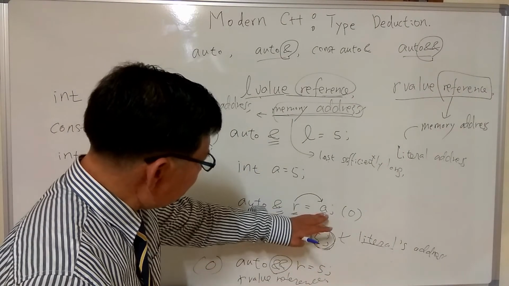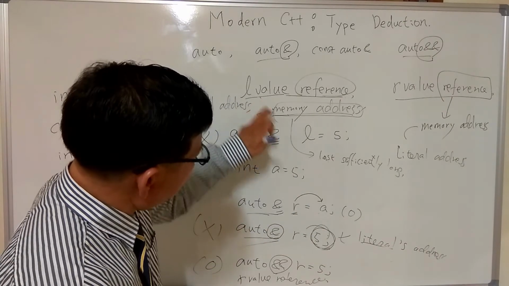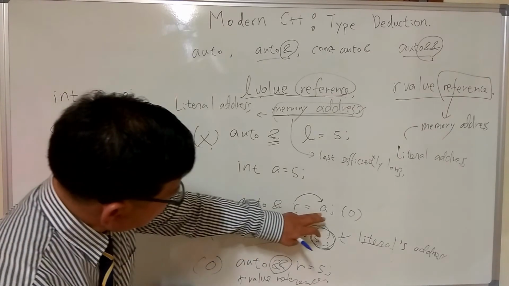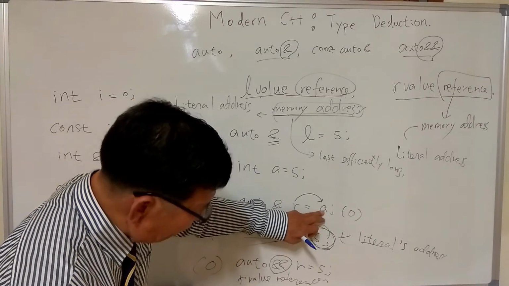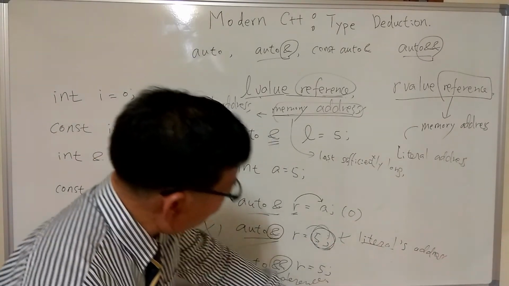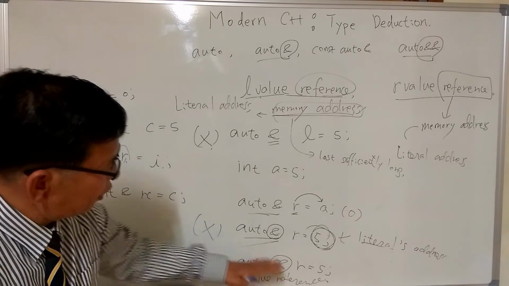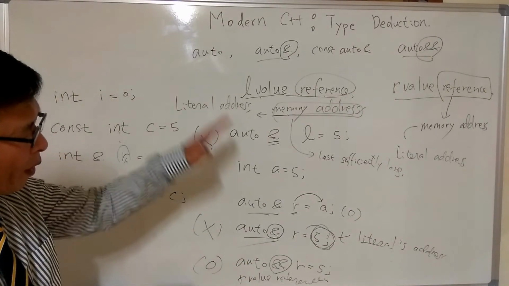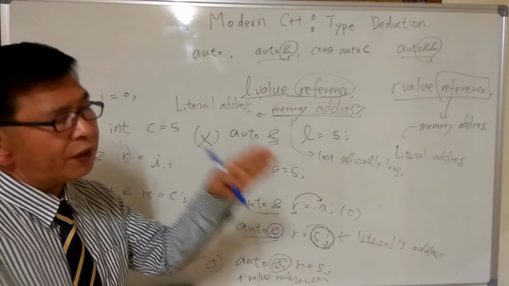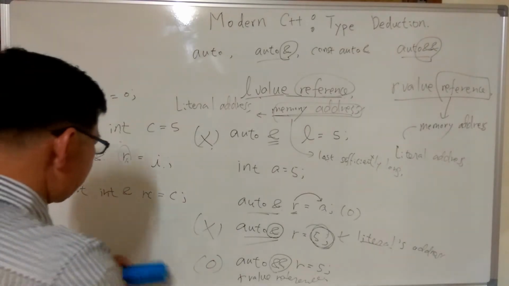If this variable is an L value, we can take it using an L value reference. If this object or entity is a literal or R value, then we have to use an R value reference. Just remember this way. We will show the C++ code in a few minutes. Then I will explain it more.